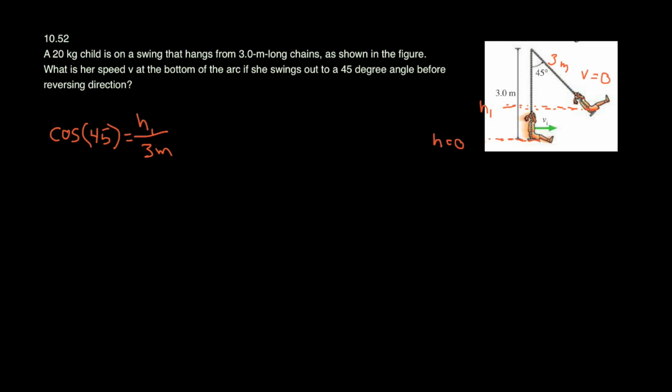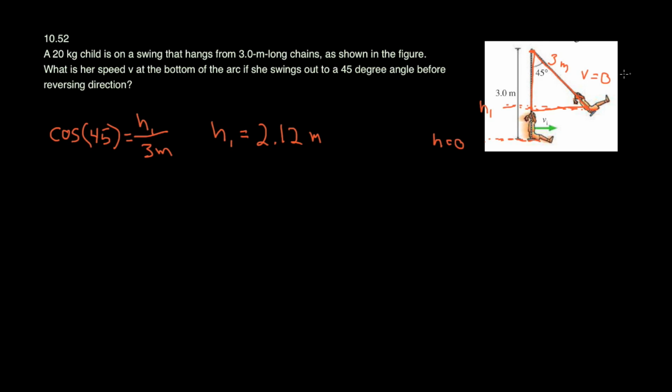Right? So I'm making this triangle right here. This side is going to be 3 meters, because that's the length of the chain. And we're trying to find this h1, this distance from the top to right here. And so it turns out h1 is going to be equal to 2.12 meters.